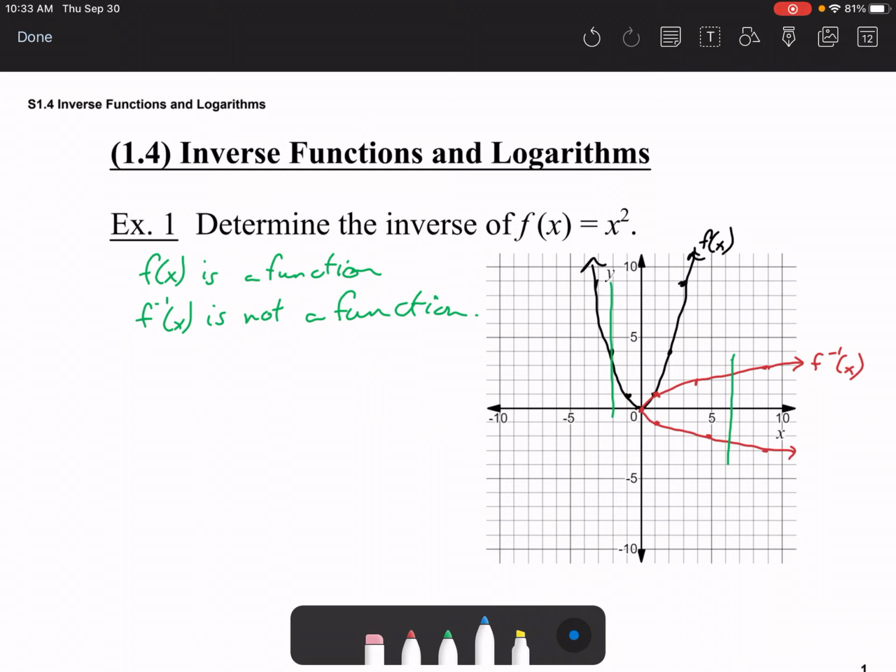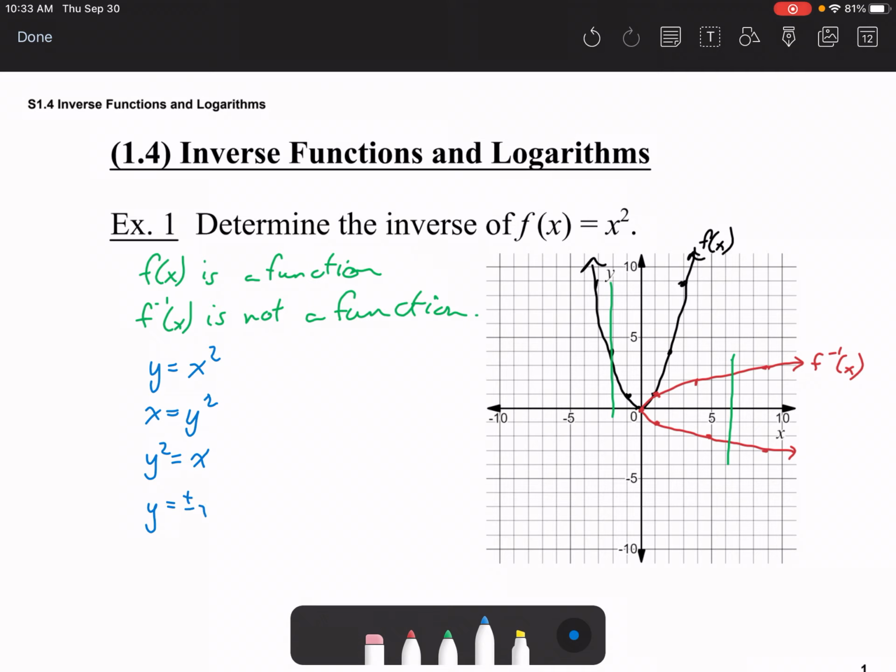Okay, so let's find the equation of our function f of x. To find the inverse, you usually let y equal f of x, then you switch the x and y variables. Now technically this is the inverse, however, it's not usually written in this format. We usually isolate for the variable y. So I'm going to square root both sides.